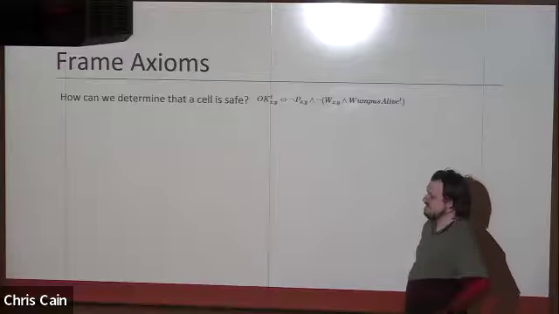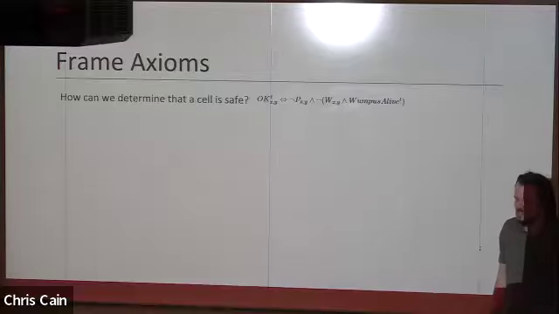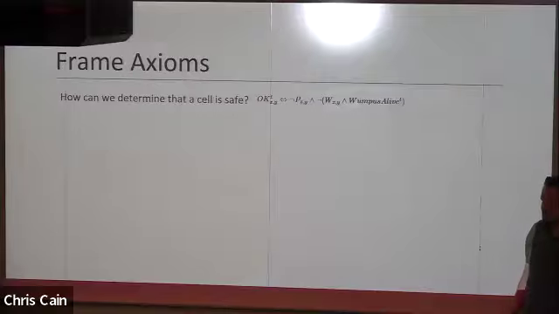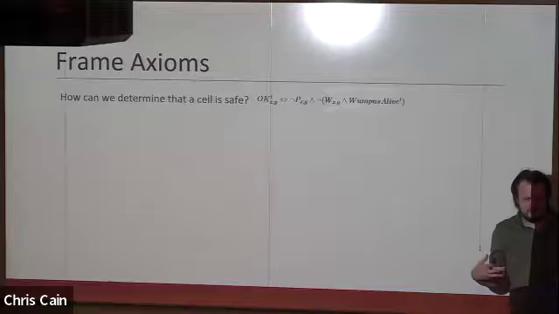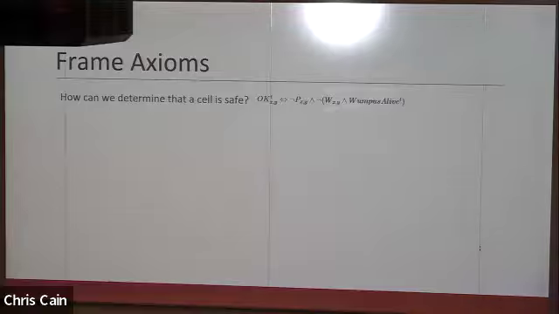So either the wumpus is not there or the wumpus was there and is dead, is the other way to state that. So that defines what it means for a cell to be safe. That's cool. We can now factor it out from doing that a bunch of times in combination with every other variable.